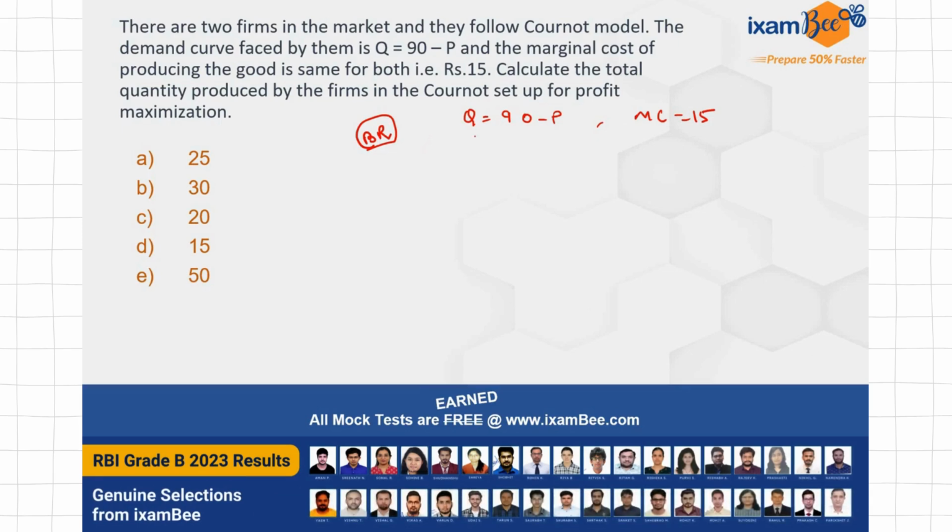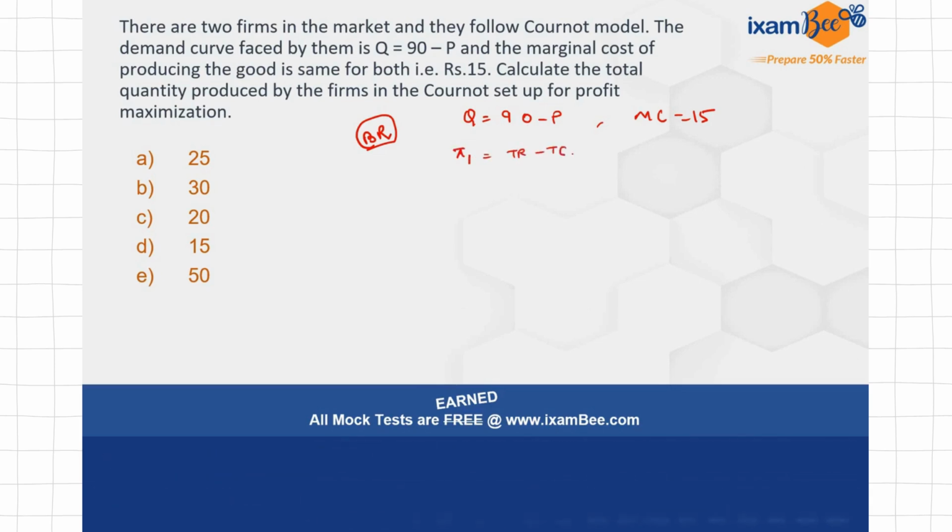In order to find the best response for firm 1, we write down its profit function, which is total revenue minus total cost.